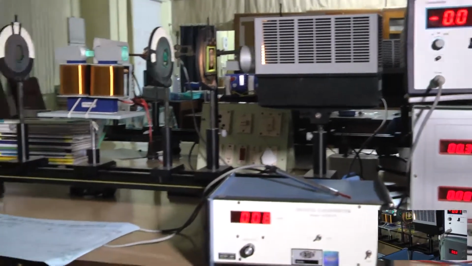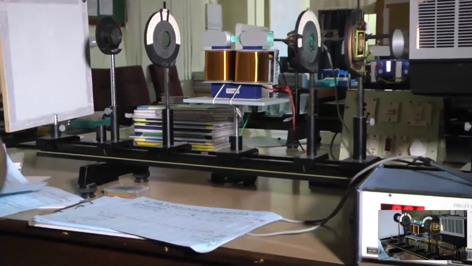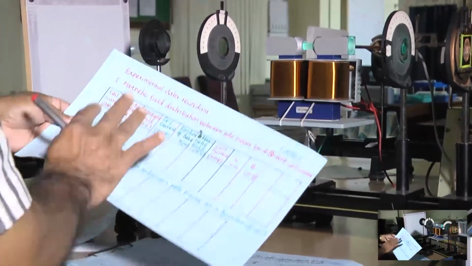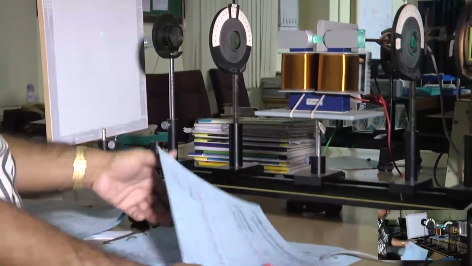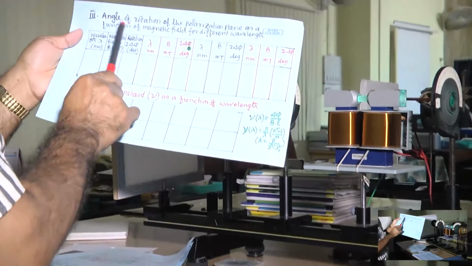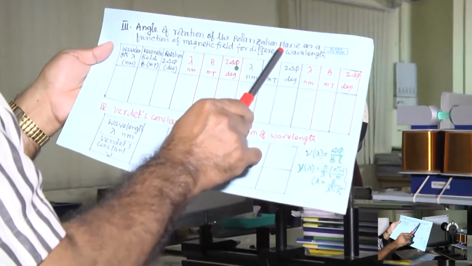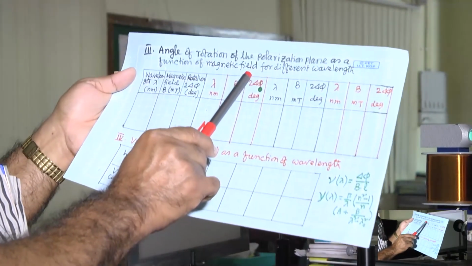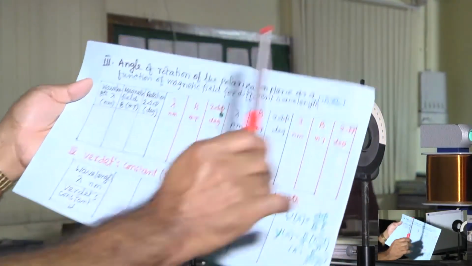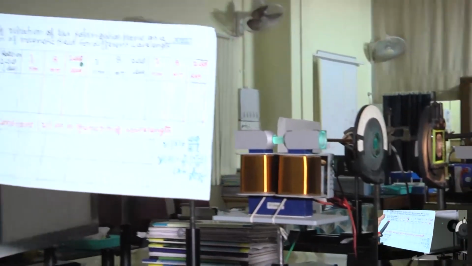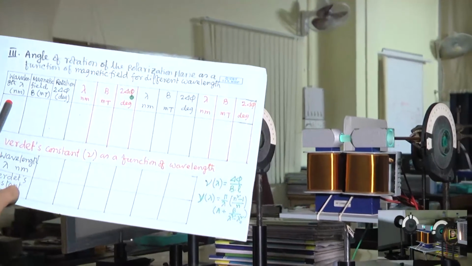Let me show you, this is for the magnetic measurement, that I will come to later. So, I just showed you the angle of rotation of the polarization plane as a function of magnetic field, for different wavelengths. We have chosen a particular wavelength, so that we have to note down here, it is written on that filter.